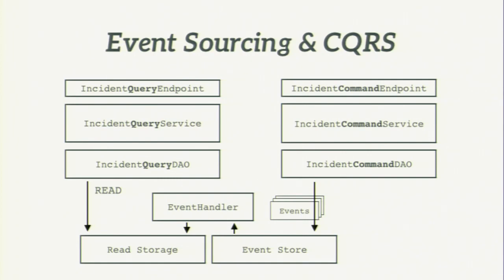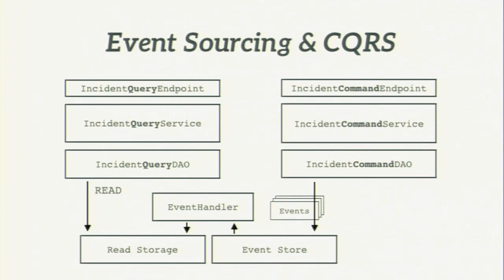We issue events to an event store from the command part, from some data access logic, or you can also fire off commands directly to the event store, or fire off commands that fire off events to the event store. And on this queue, we also have an event handler listening to it. And what this event handler then does is create and derive the application state into a separated read storage.